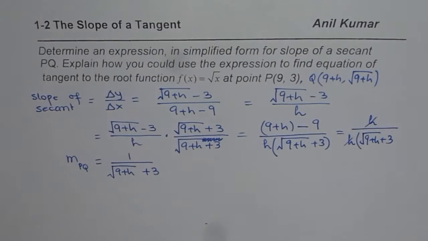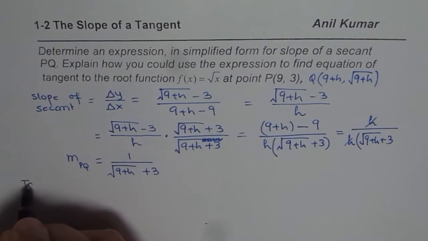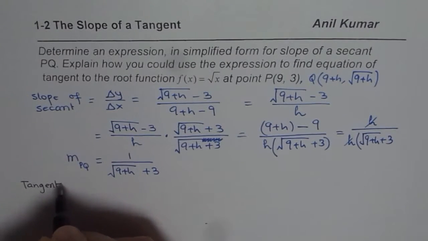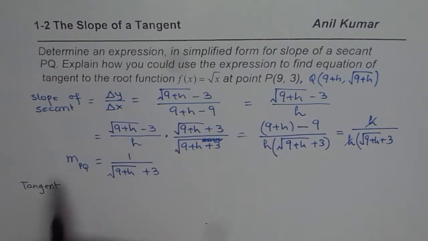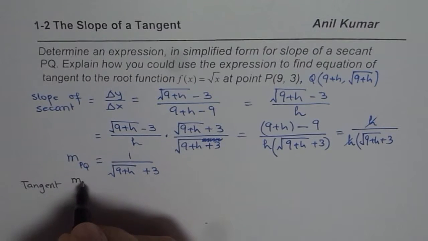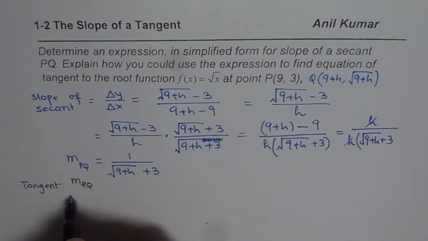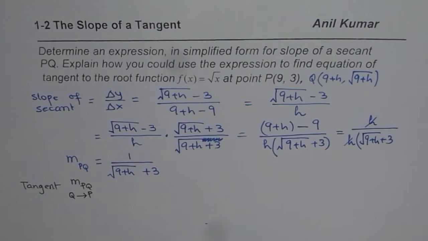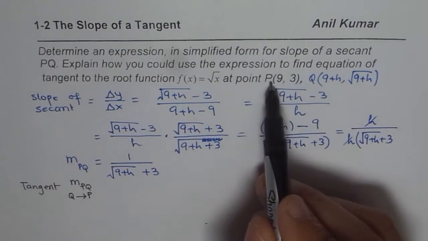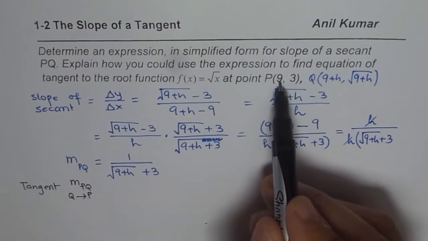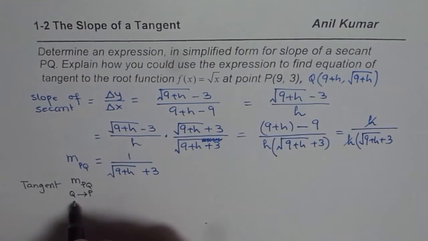Now what is a tangent? The tangent slope is the slope of the secant where the point Q is very, very close to P. So we could say the tangent slope will be when Q approaches P, the x value of Q approaches P. If these 2 points are very, very close, then 9 plus h minus 9 is approaching 0, or you could say h is approaching 0.